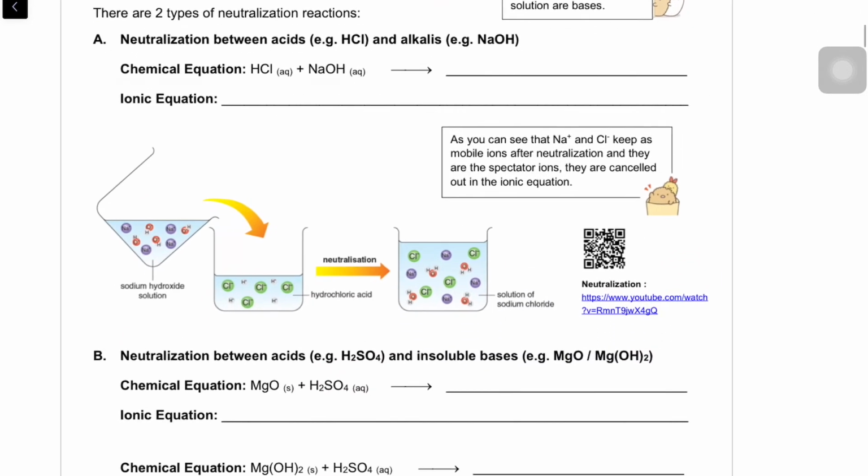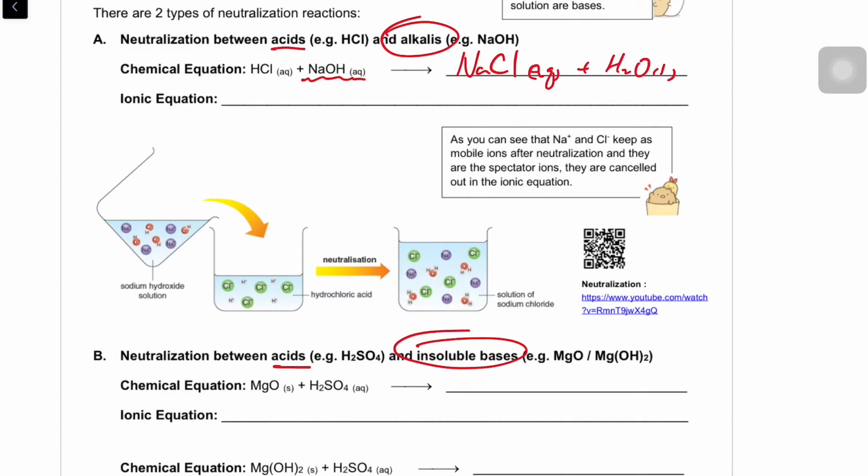And here we introduce two types of reaction. Both of them involve acid, but the difference is that one of them is a soluble base, and one of them is an insoluble base. For the soluble one, here we have a great example: HCl reacts with sodium hydroxide to form sodium chloride and water.